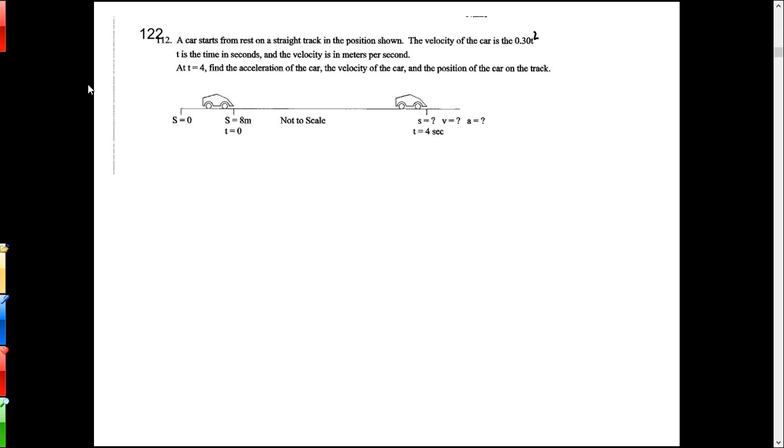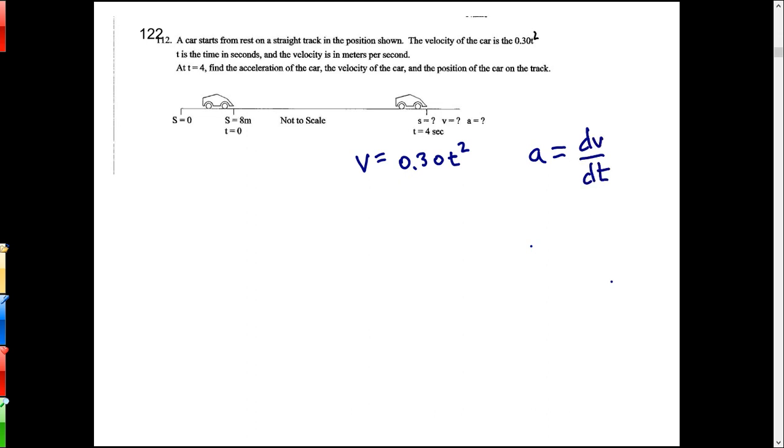We just want to find the velocity, acceleration, and position when the time is 4, right? And we got the velocity of the car is 0.3 t squared. So what you'd want to be doing with that is, you've got the velocity is 0.30 t squared. If you take the derivative of that, you'll get the acceleration, which is dv dt, right?